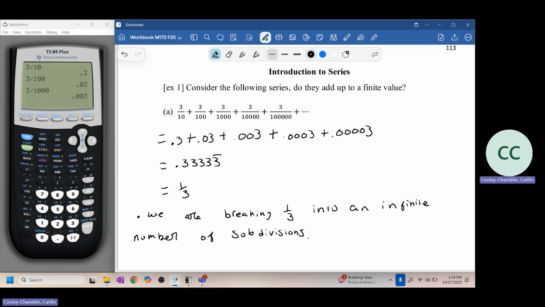In this particular case, we're breaking 1/3 into an infinite number of subdivisions.